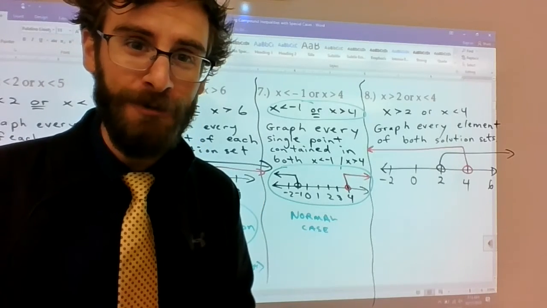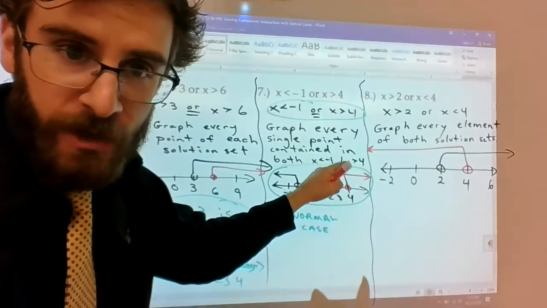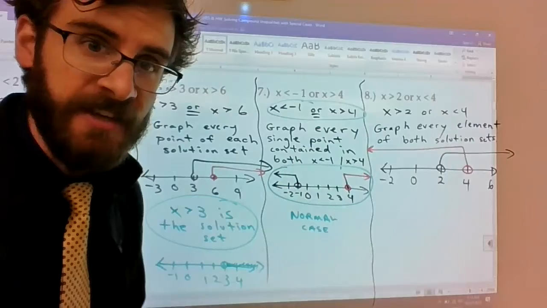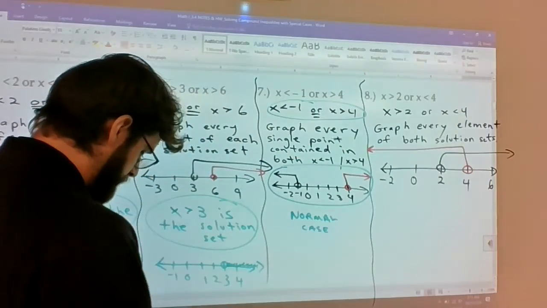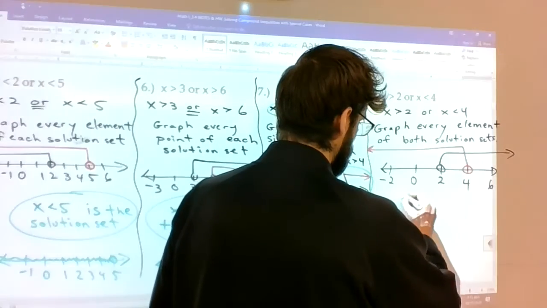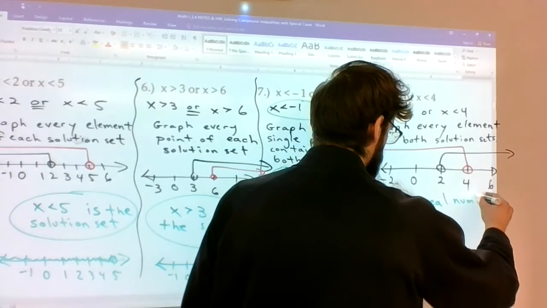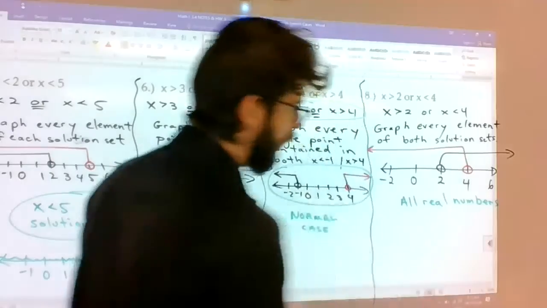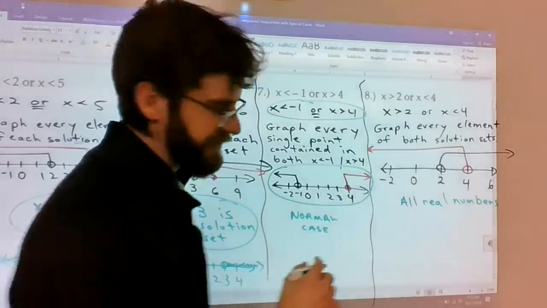So if you're getting super confused right now, I'll just lay it all out there. All real numbers are the solutions to this inequality. All real numbers represent this solution set.